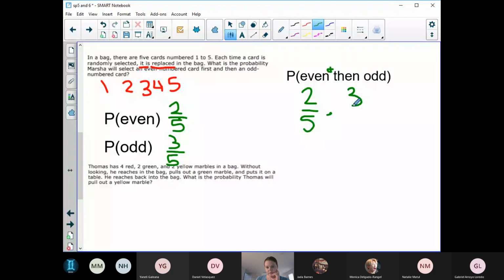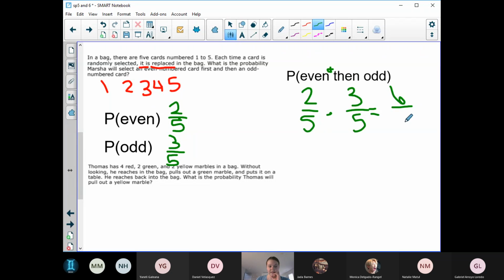times 3/5. And remember, when we multiply fractions, we do numerator times numerator, so 2 times 3 is 6.